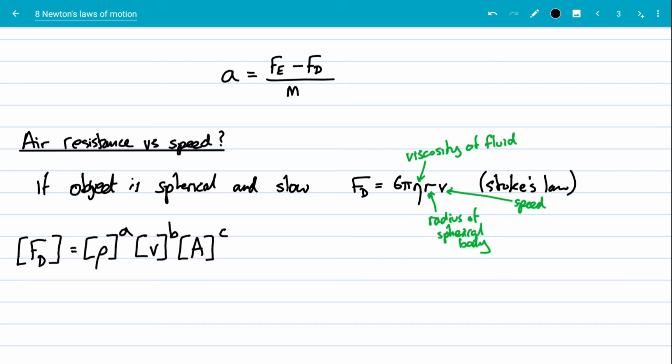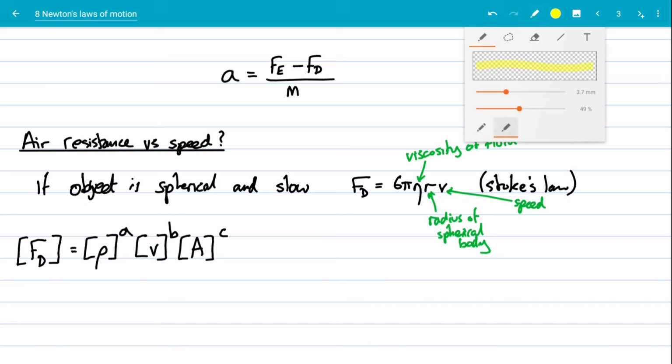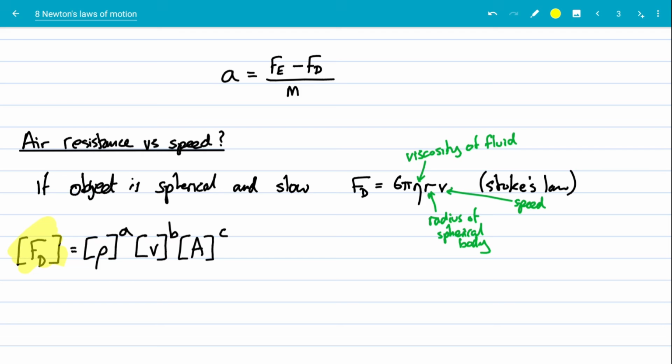With dimensional analysis, because there's an equal sign in the middle, the dimensions of this force must be the same as what's on the right-hand side, which means how many powers of rho do we need? That's the density of the fluid. How many powers of V do we need? That's the speed we move through the fluid. And how many powers of A? That's the cross-sectional area of the object.